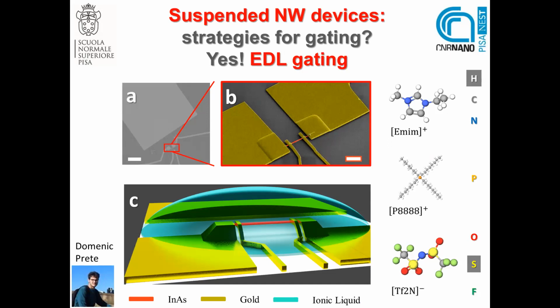And what we want to do is to measure the thermal conductivity, and at the same time to measure and modulate the electrical conductivity by using EDL gating, and possibly extract the full figure of merit of the device.